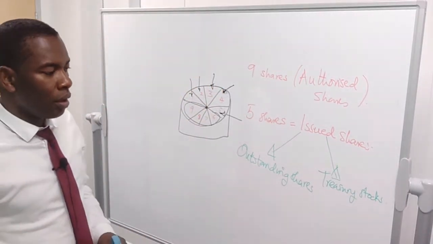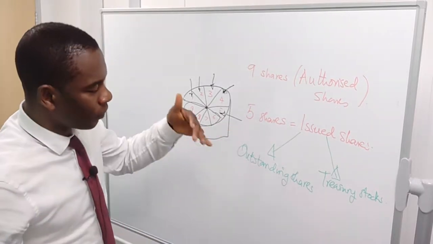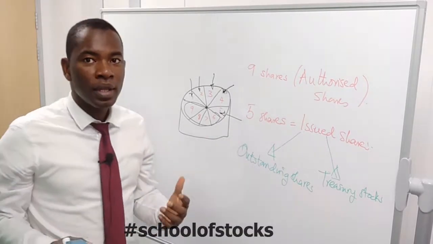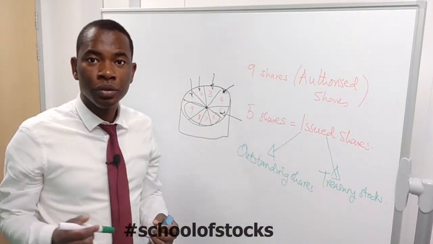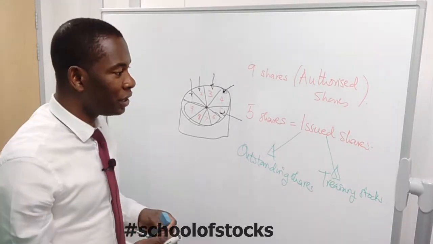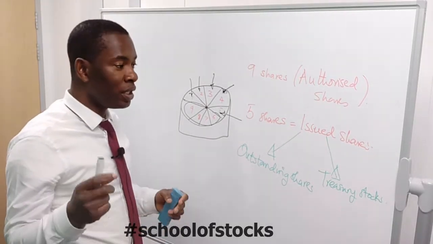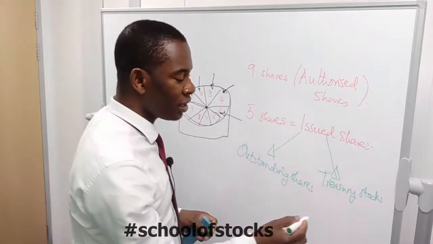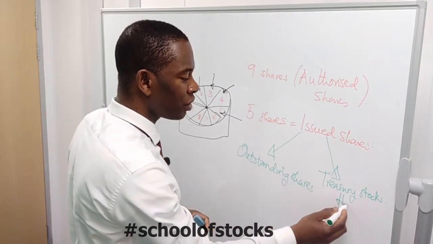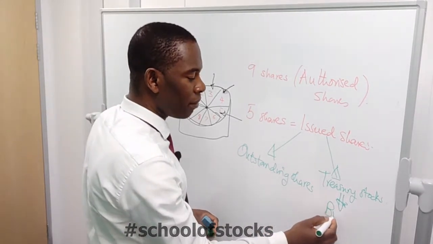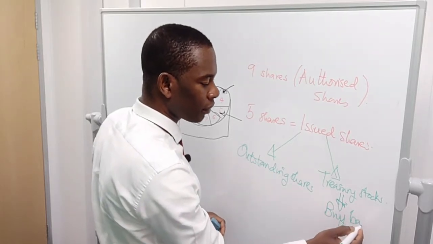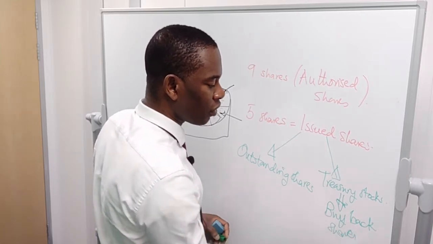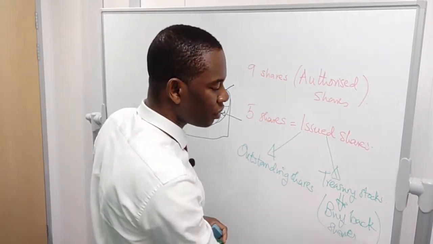So what happens is, when these shares are paid for fully, sometimes the company will choose to buy some of those shares that they have already issued and been paid for fully. So when they buy back, those shares become treasury stocks.